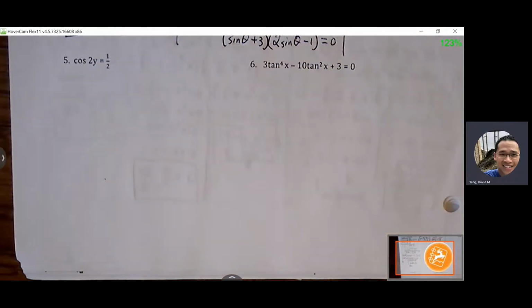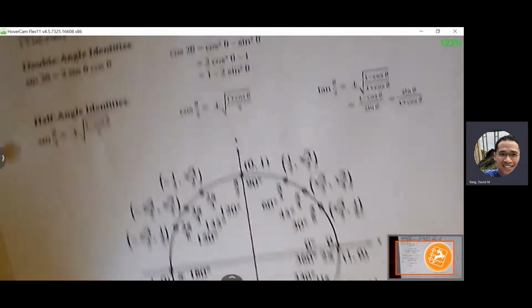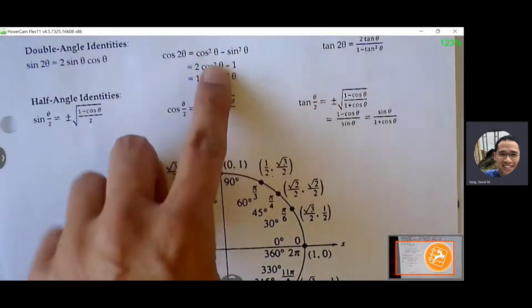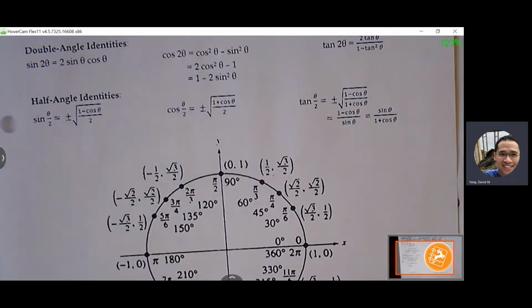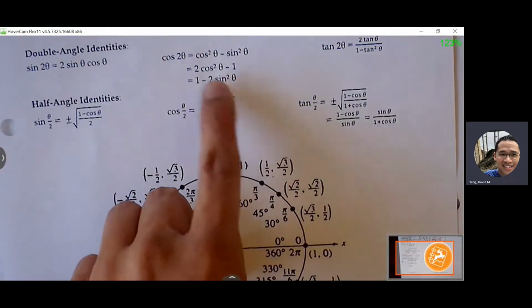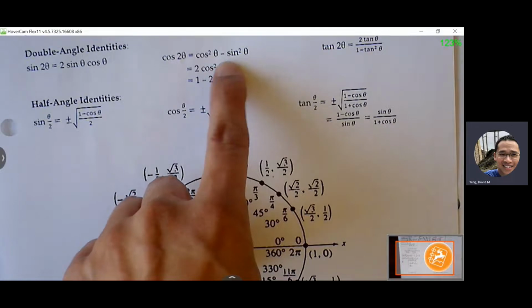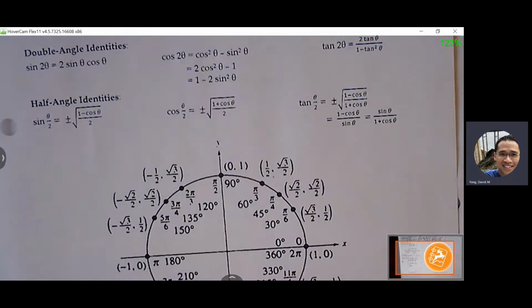So if you look at your identity sheet, there's actually 3 variations. Cosine 2 theta can be expanded into either cosine squared minus sine squared, 2 cosine squared minus 1, or 1 minus 2 sine squared. I would say for this instance, we'll try to avoid the cosine squared minus sine squared, right? We don't want to reintroduce a second trig function.